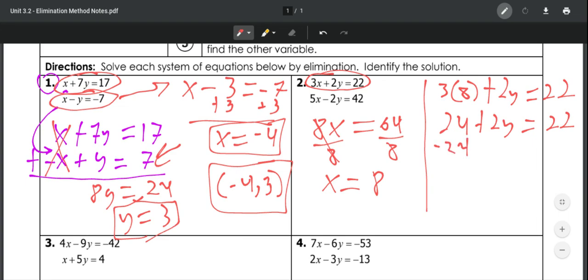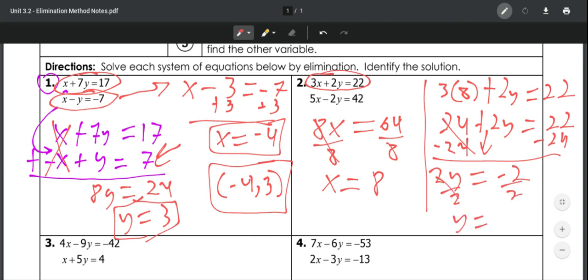We're going to subtract 24 from both sides, and that gives me 2y equal to negative 2. Then we divide both sides by 2 to get y by itself. So y equals negative 1. Because we just found x and y, my final answer would be written 8, negative 1.